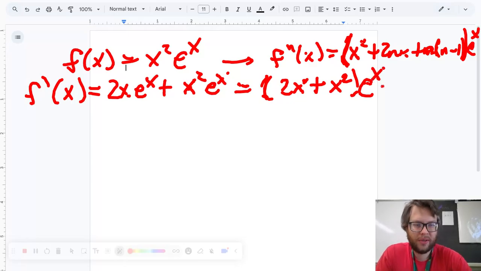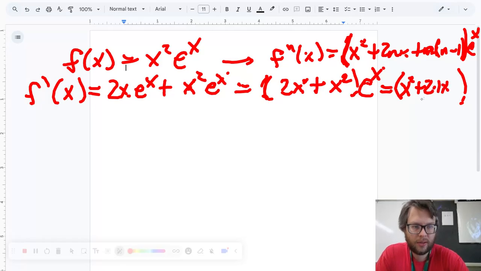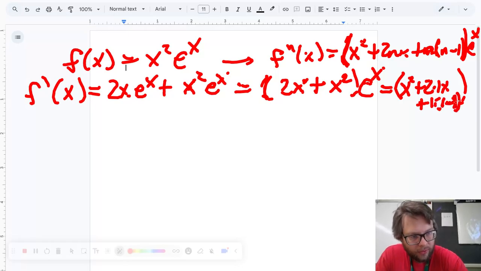Then let's force that to be in the format using n. So I did the first derivative, so n is equal to 1. So that's x squared plus 2 times 1x plus 1 times 1 minus 1, because that term disappeared. 1 minus 1, and then e to the x is still there.